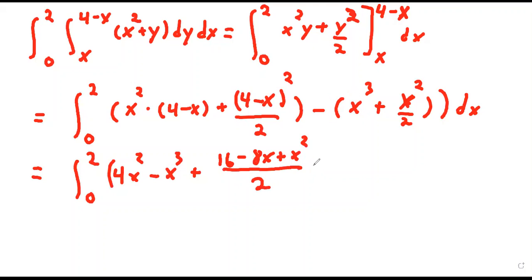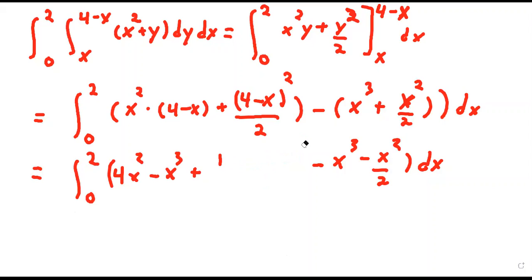Then we distribute this negative: minus x cubed minus x squared over 2. So maybe we can replace this by 8 minus 4x plus x squared over 2.